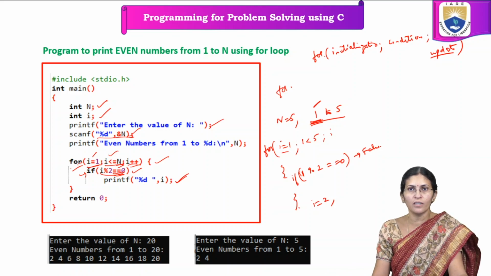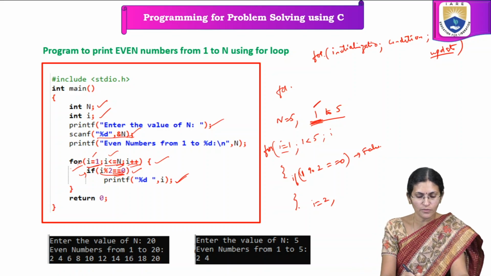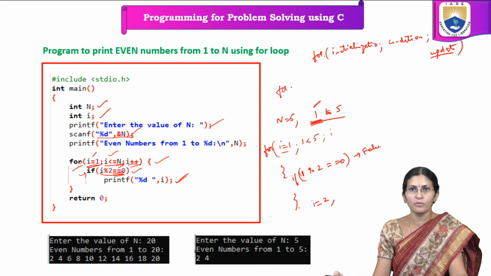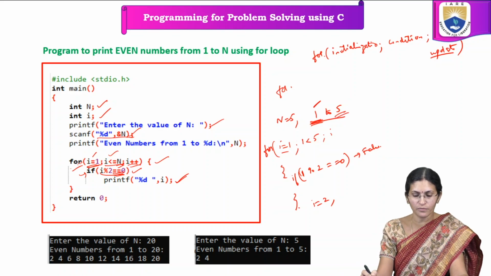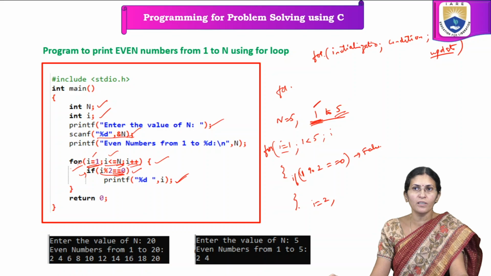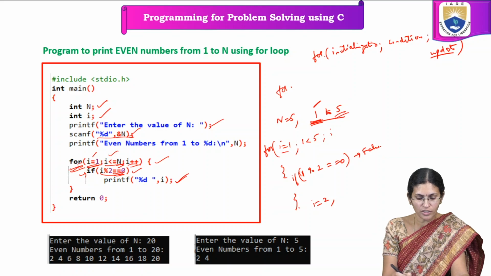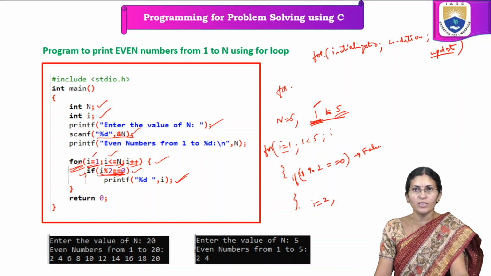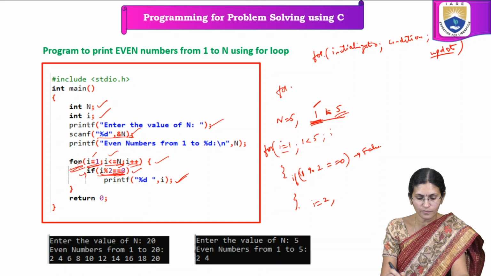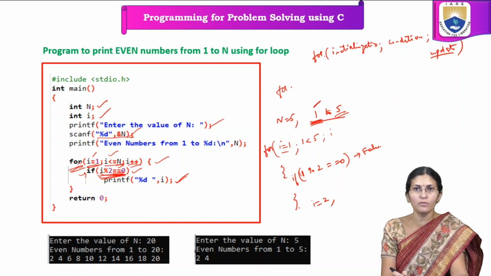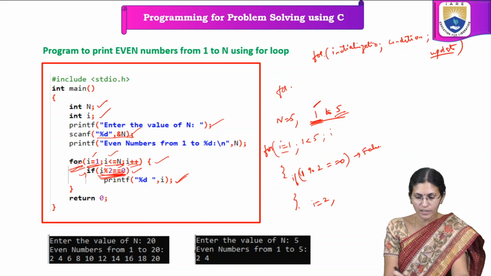Based upon the value of n that you enter, this for loop will vary from 1 to n. Suppose we enter 5, so this for loop will iterate for 5 values; it will have 5 iterations. In the first iteration, 1 mod 2 is checked whether it is equal to 0 or not.